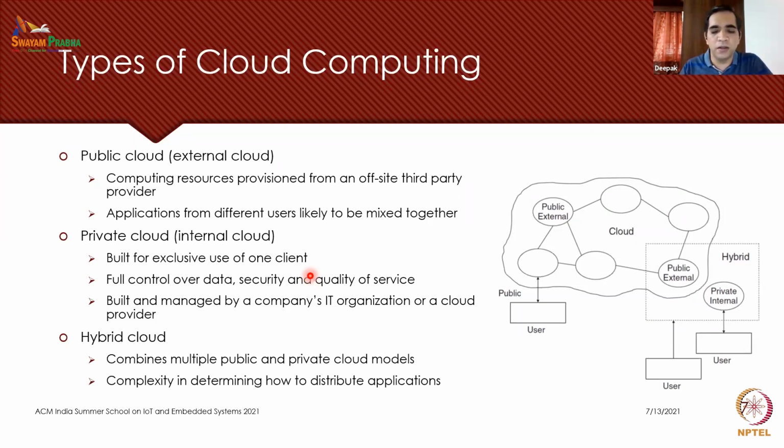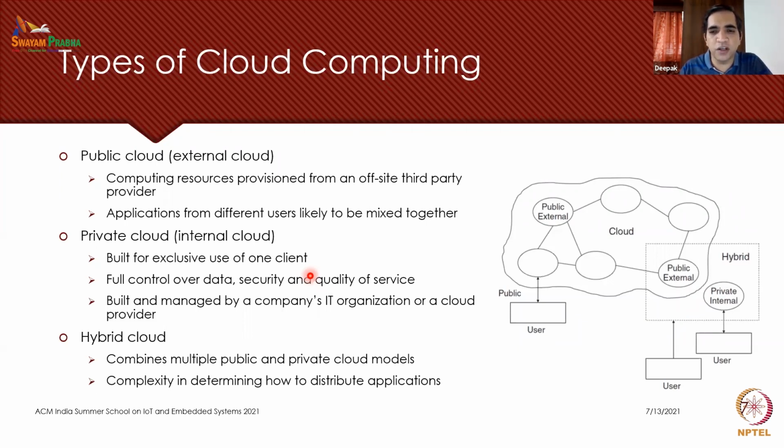Now, we also have to look at the different types of cloud computing. Here the types are in terms of how they are accessed, how they are available to the user.